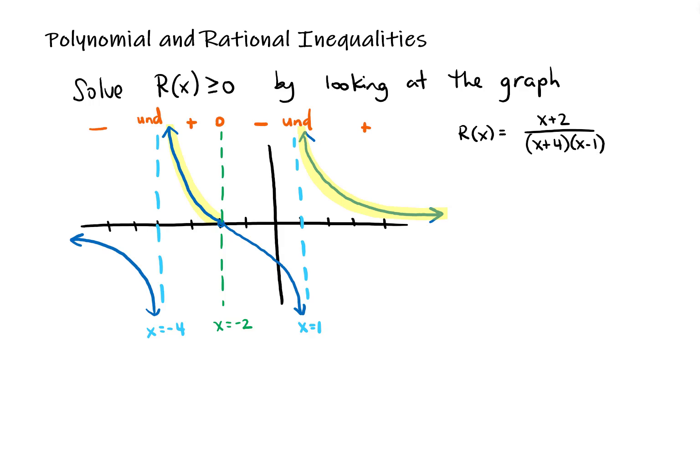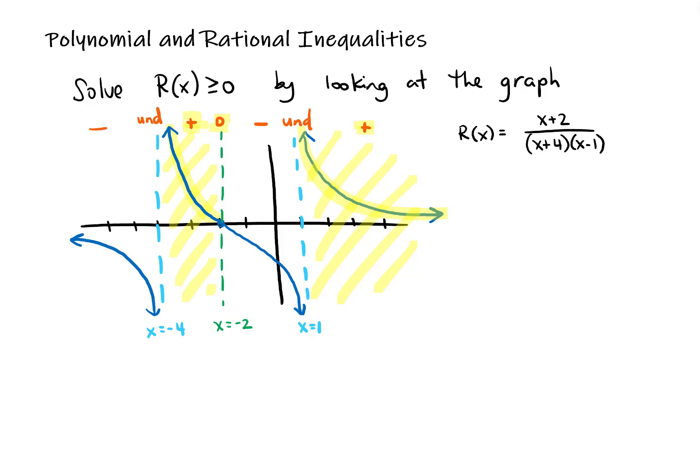I want to get the regions that satisfy the positive and the 0, but I don't want to include any undefined regions or any negative regions. And so I'm going to take the 2 regions that are highlighted.